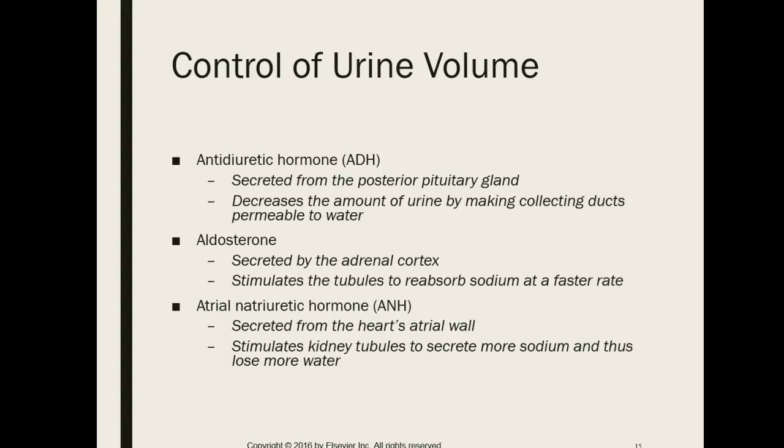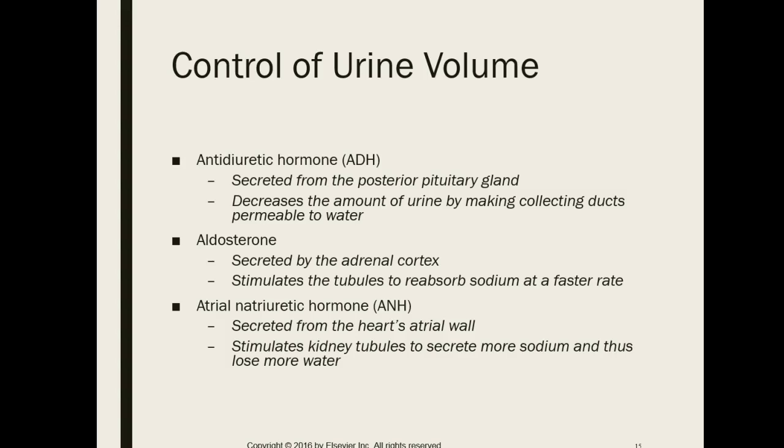So if those ducts are permeable to water, water is going to be reabsorbed into the body, resulting in water retention. So there's less water being secreted back into the urine. It's staying inside the body. So we will have a decreased amount of urine.